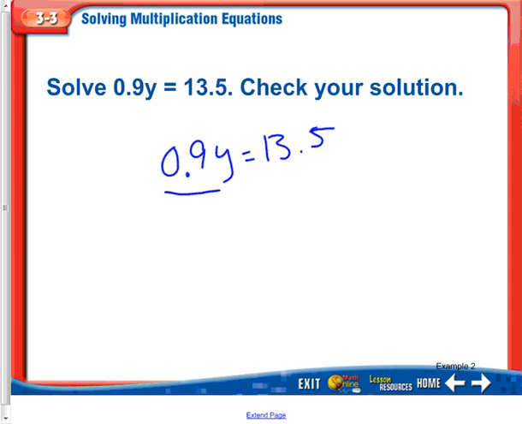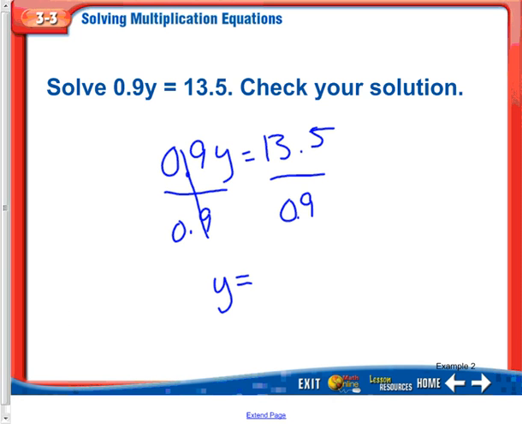We still divide by the coefficient 0.9, and whatever you do to one side, you have to do to the other. So this kind of brings it back to the very beginning when the problems were easier and I asked you to show the work. This is why we want you to show the work, so that way we know all the steps every time we do these problems. 0.9 divided by 0.9 is 1, and 1y is just y.